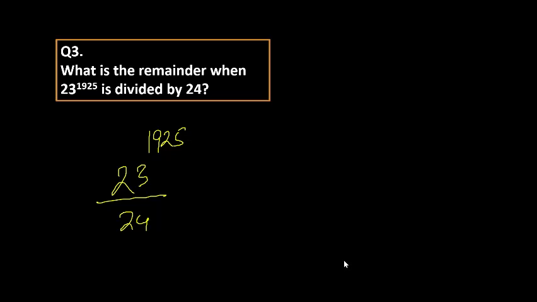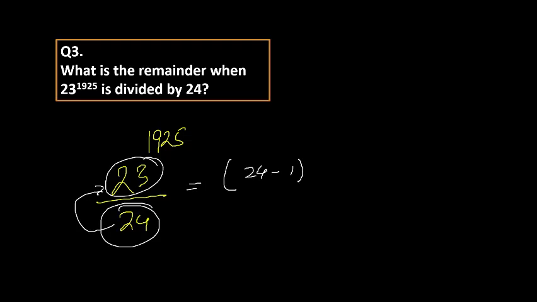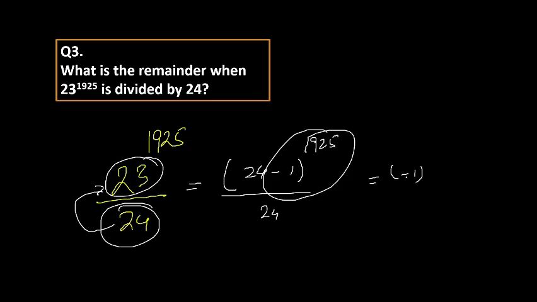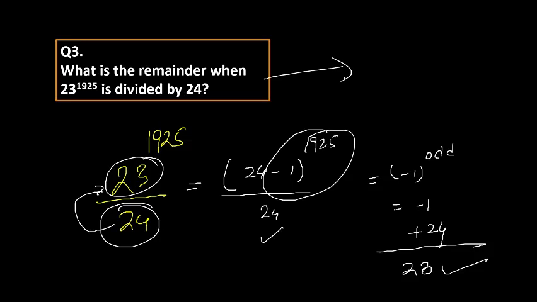When you are getting minus 1, just add the divisor. Very good. So ये जो नीचे है ये ऊपर लेके आना है. That was your target. So we can write it as 24 minus 1. So your answer is this one. Minus 1 raised to the power odd is minus 1. Now just add 24 to this to convert this into a positive answer. Final answer is 23.